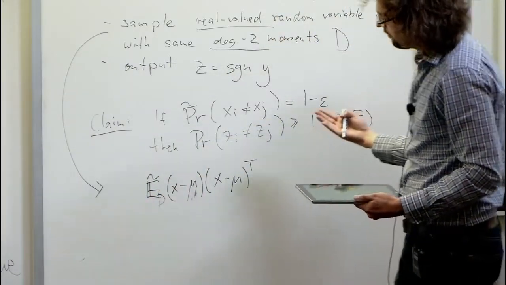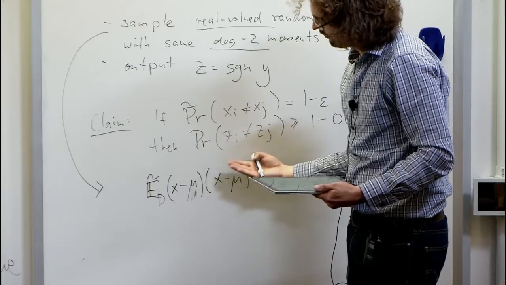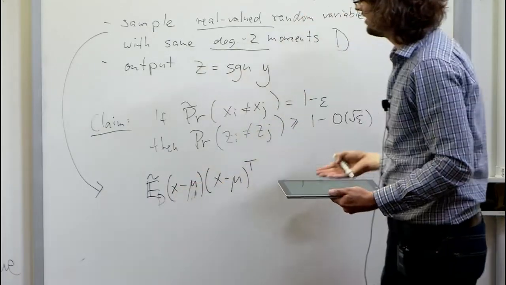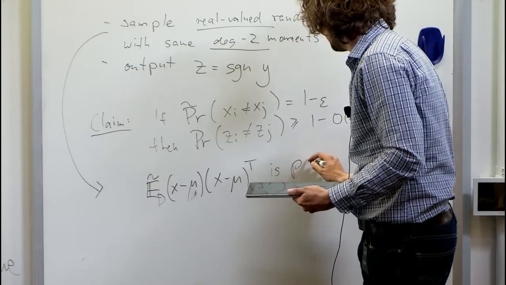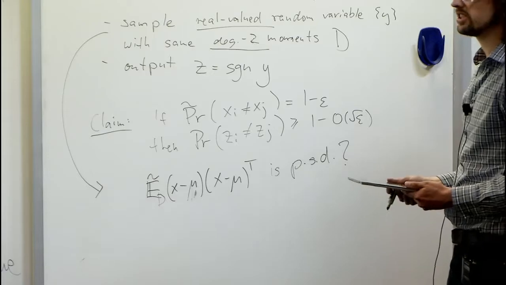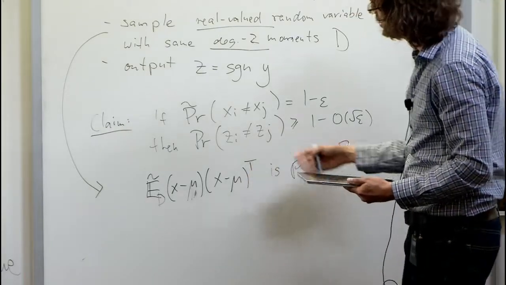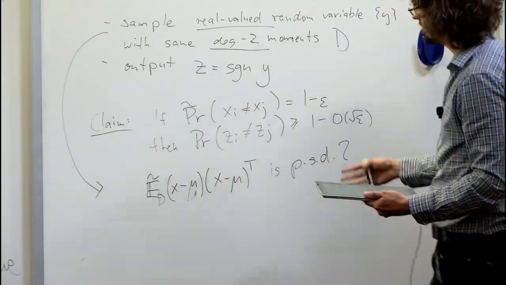But if we want to be able to do this, then this matrix needs to be positive semi-definite. Okay? So this is the main question. Why should this matrix be positive semi-definite? If this matrix is positive semi-definite, then you can choose a Gaussian with this covariance.